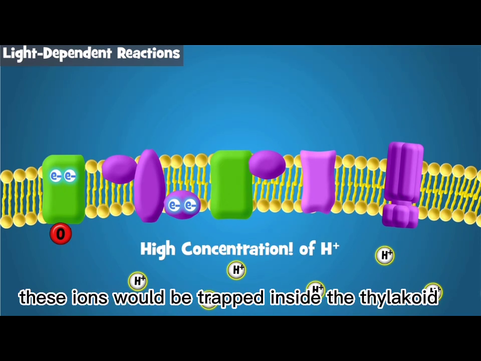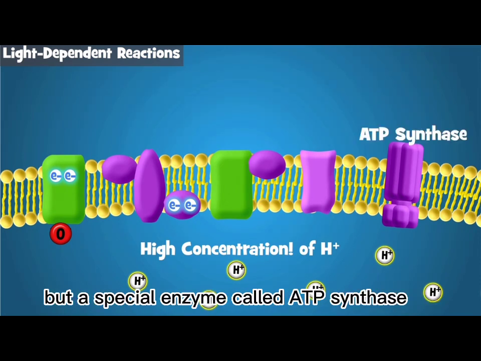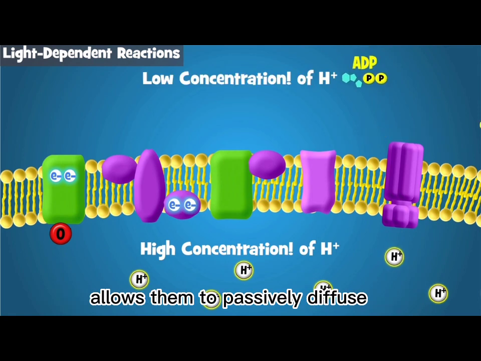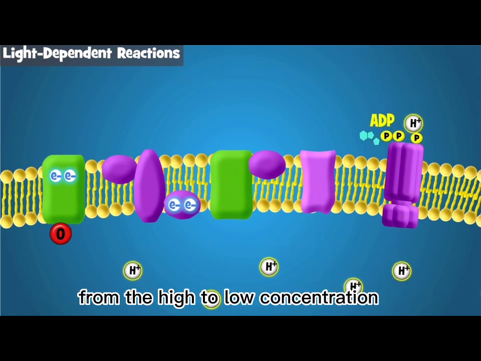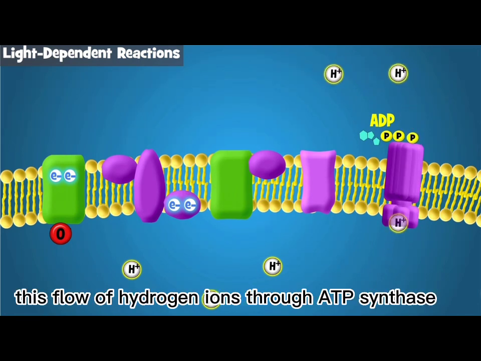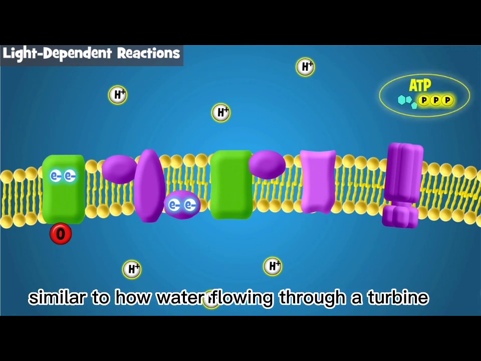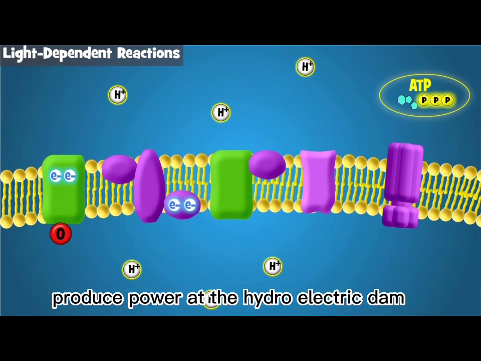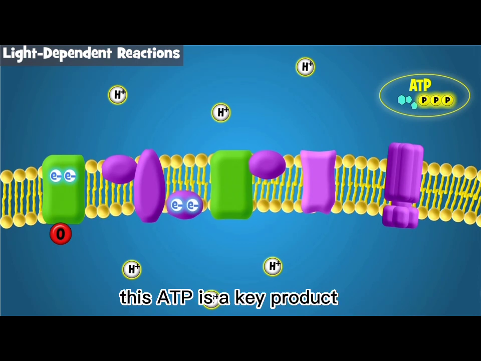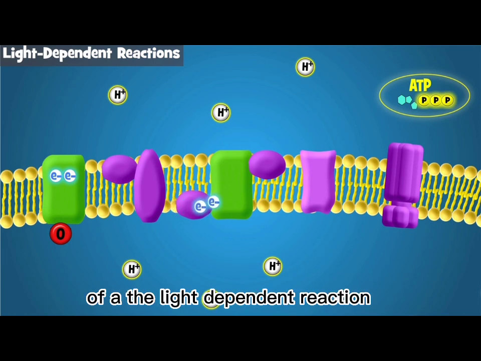These ions would be trapped inside the thylakoid, but a special enzyme called ATP synthase allows them to passively diffuse from high to low concentration. This flow of hydrogen ions through ATP synthase causes ATP synthase to spin and produce ATP, similar to how water flowing through a turbine produces power at a hydroelectric dam. This ATP is a key product of the light-dependent reaction.